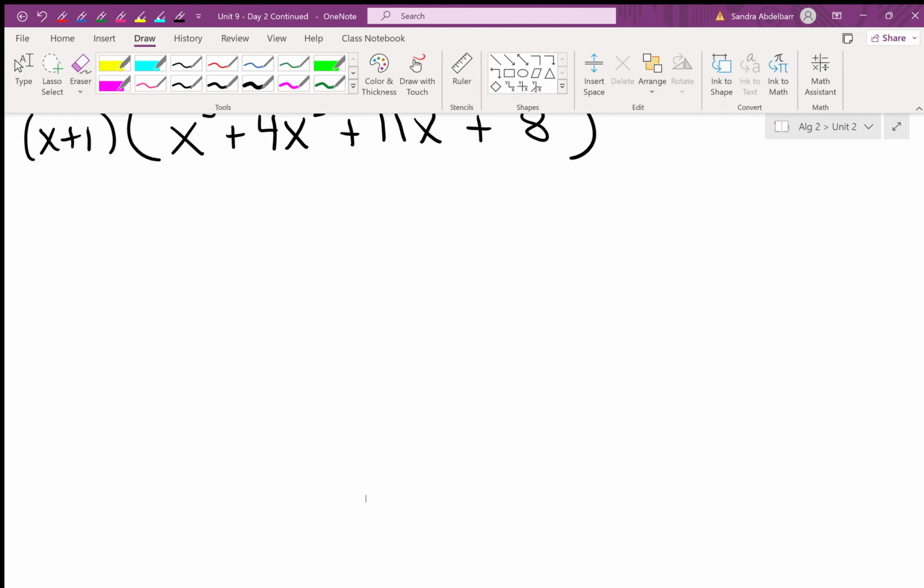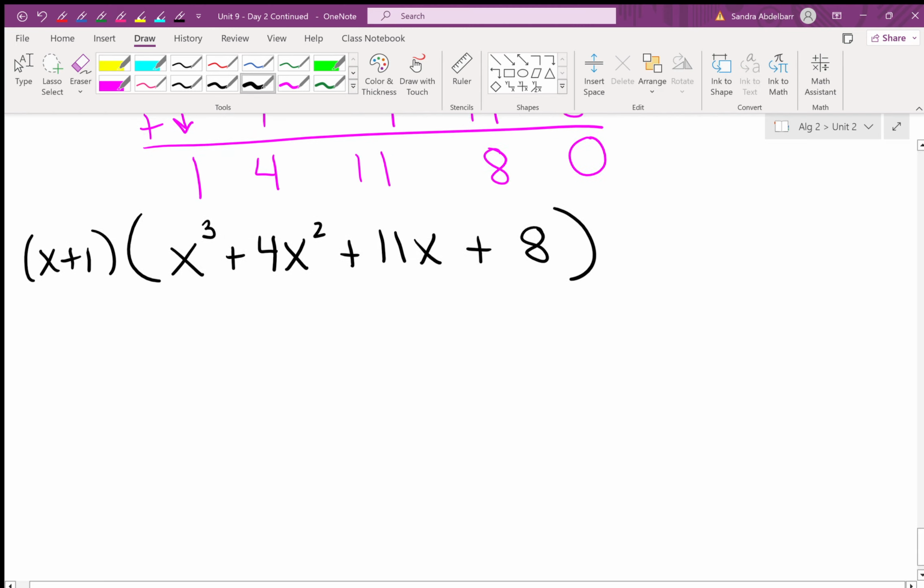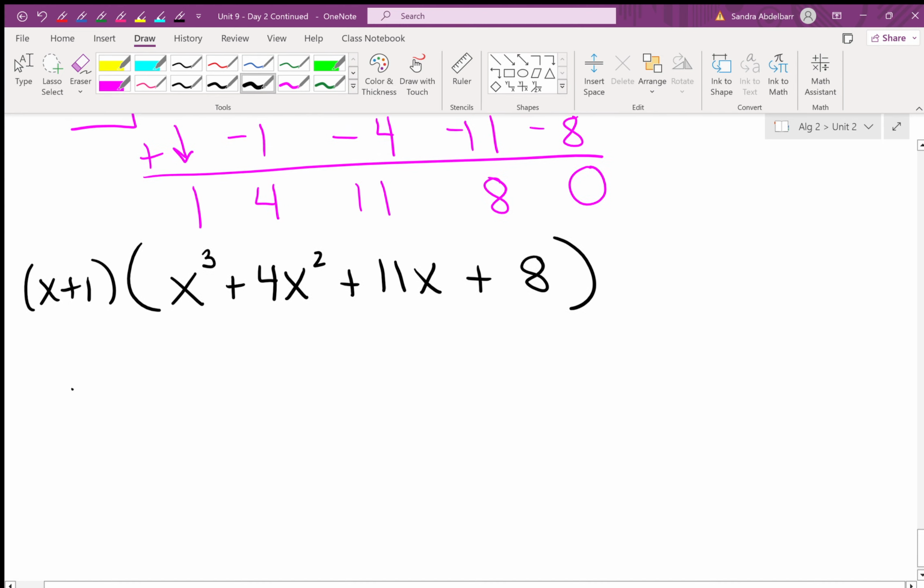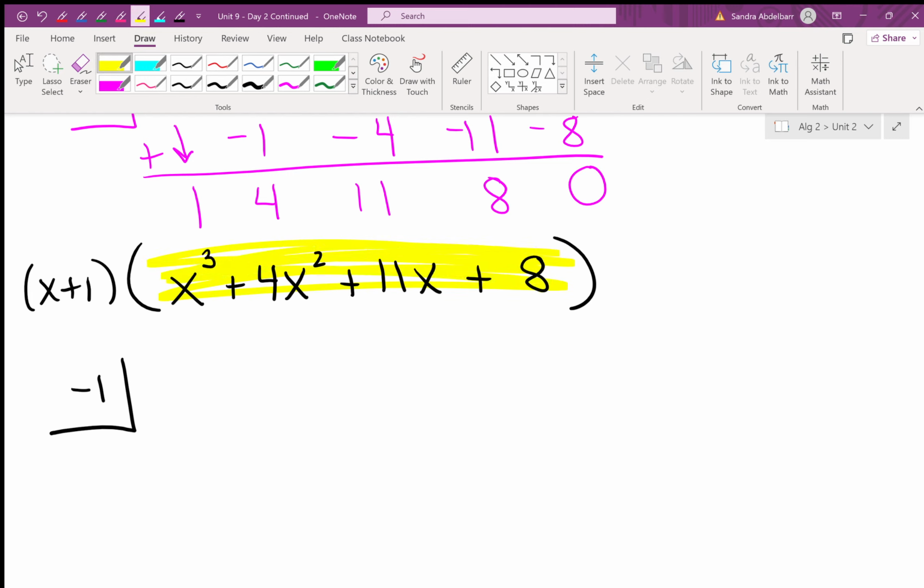So what are we going to do here? We have to now do -1 again on the new polynomial to get it down to a degree of 2. So now we are 1, 4, 11, 8.